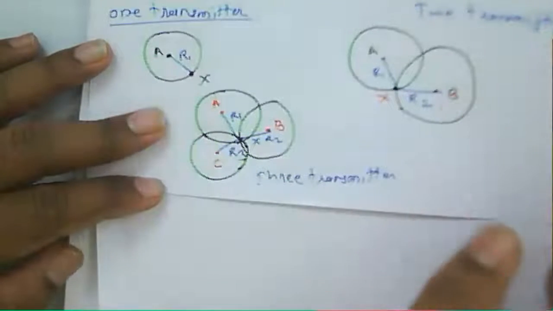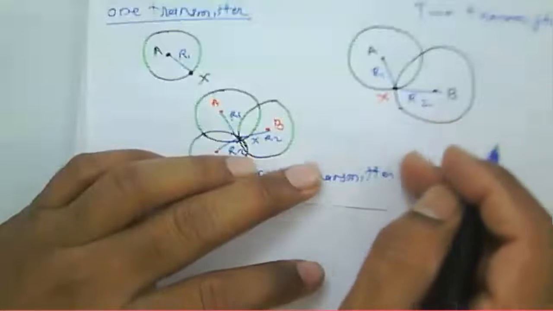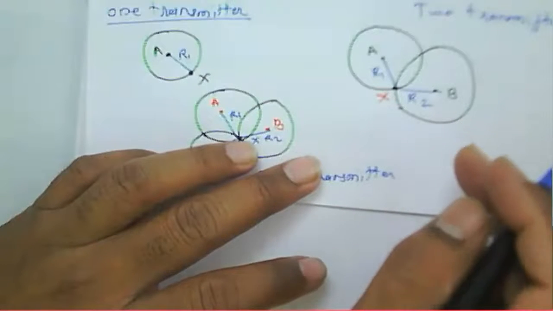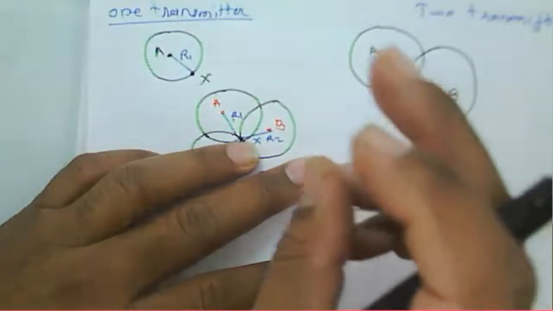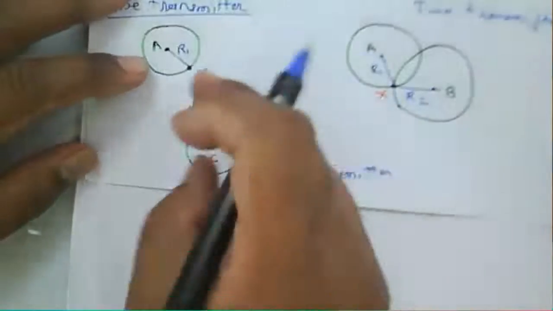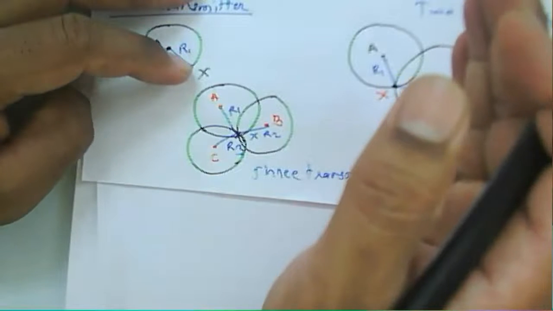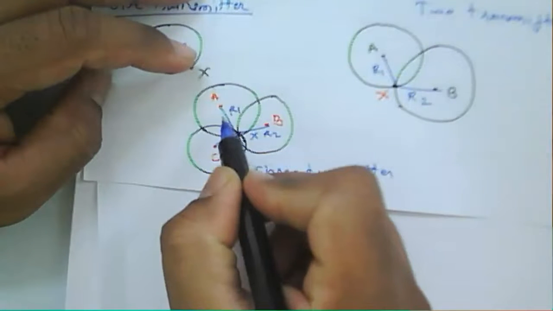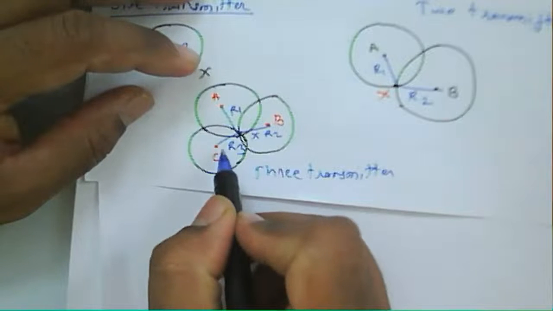Suppose we consider a sphere now, instead of a single plane. We have the surface of a sphere with radius r1, the surface of a sphere with radius r2, and the surface of a sphere with radius r3.